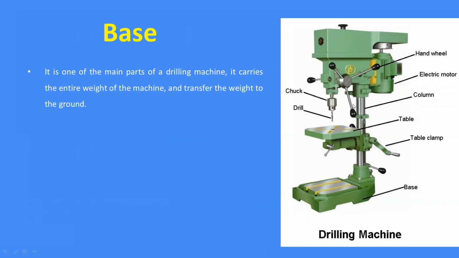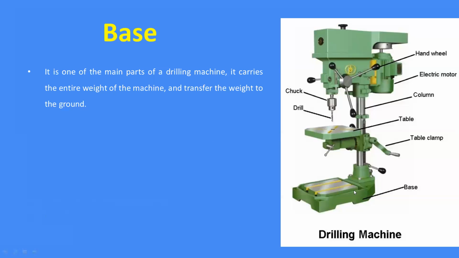As I have shown in the figure of the drilling machine here, you can identify where the base is located. You can clearly identify it from this picture. So this is the base part.